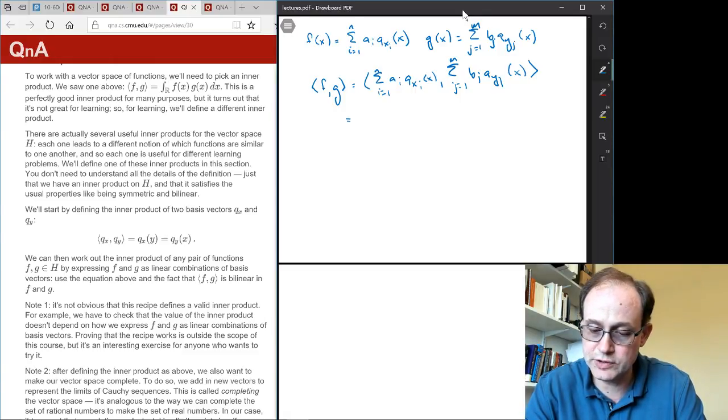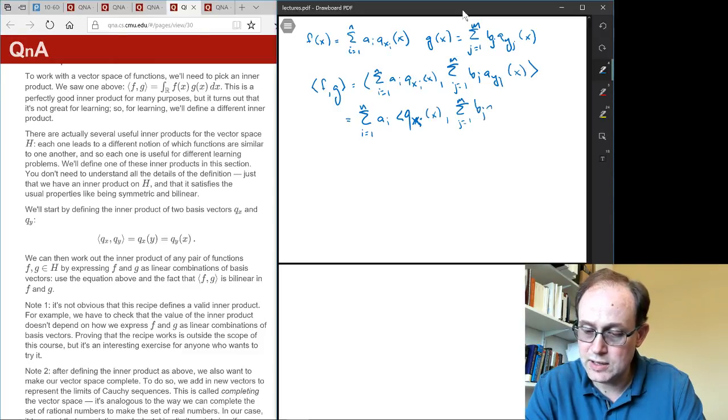So this is equal to the sum from i equals 1 to n of a_i times the inner product of q_x_i of x, sorry, that's an x sub i, with the sum from j equals 1 to m of b_j q_y_j of x, right?